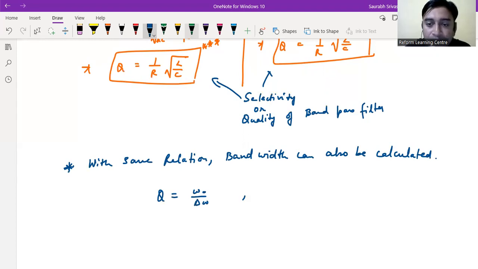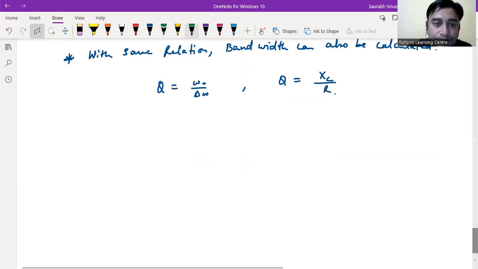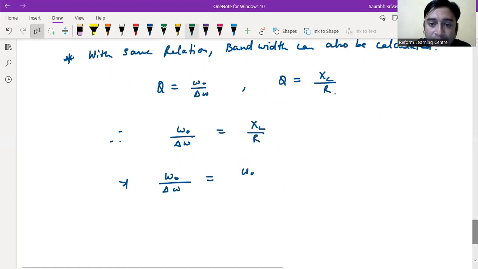Also, Q is equal to XL upon R. So we can write omega naught upon delta omega is equal to XL by R. Yes. Omega naught upon delta omega is equal to omega naught L upon R. Omega naught cancel.